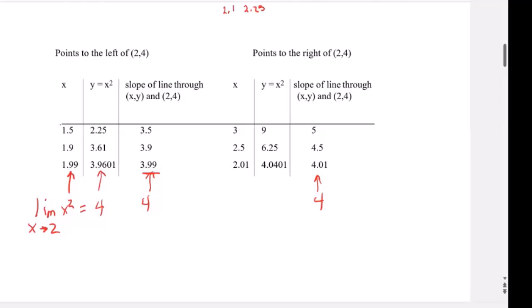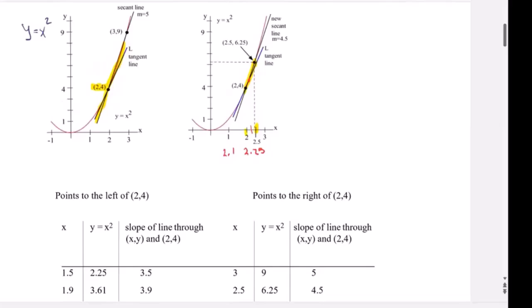And we're coming into this graph from this end, and we're getting closer and closer to 2, because we have a secant line and we have a tangent line. So if I say, okay, that's 2.5, and I'm coming in to 2 from the right.